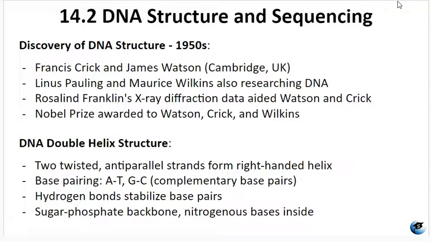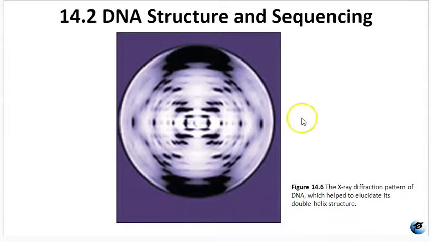In the 1950s, Francis Crick and James Watson collaborated to determine the structure of DNA. They were inspired by the work of scientists like Linus Pauling and Maurice Wilkins, who were also investigating the DNA structure. They ended up utilizing the X-ray diffraction pattern that was discovered by Rosalind Franklin.